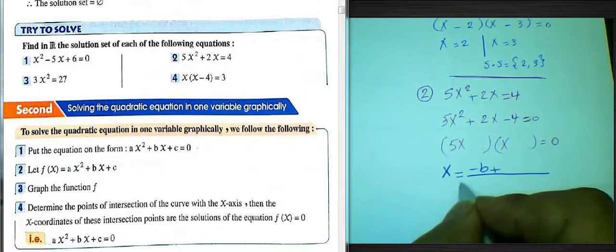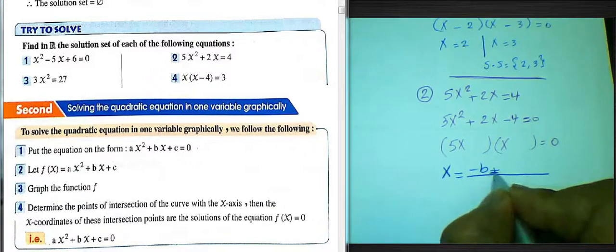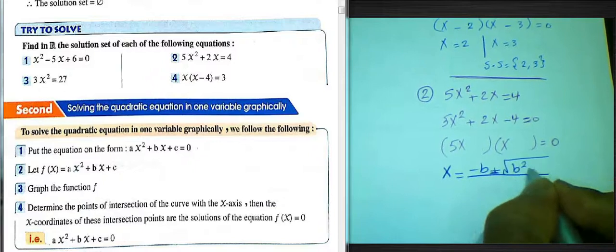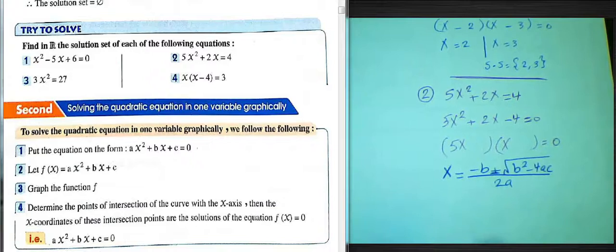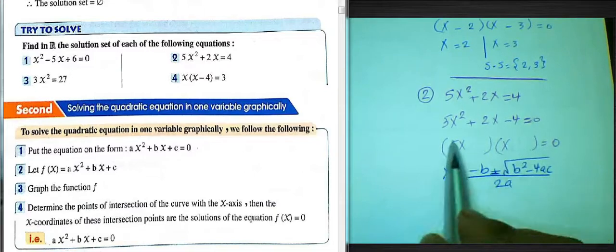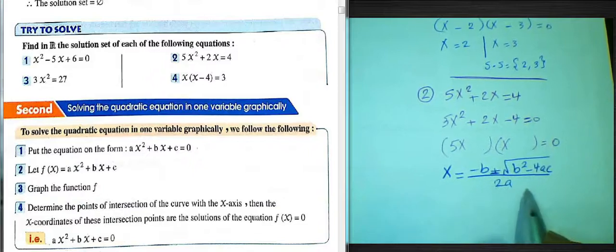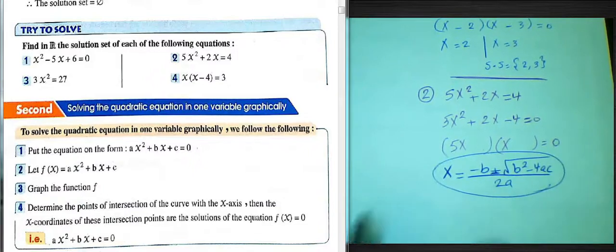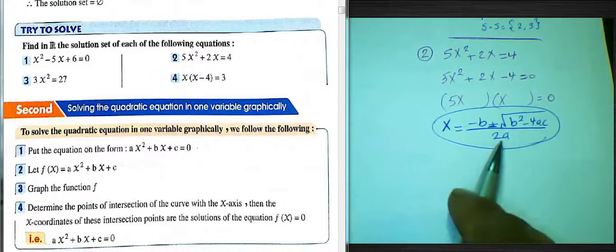We can write x equals negative b, positive or negative, square root of b power 2 minus 4ac, divided by 2a. We cannot use factorization, because we don't have two digits whose product equals 4 and whose sum equals 2. So we will use another method.